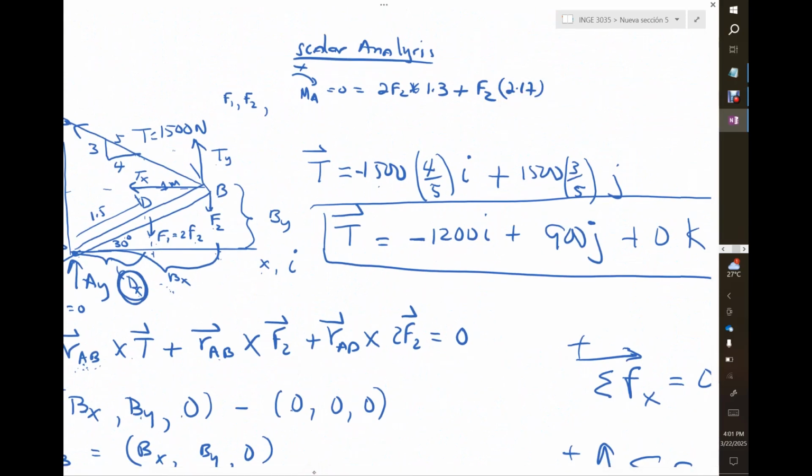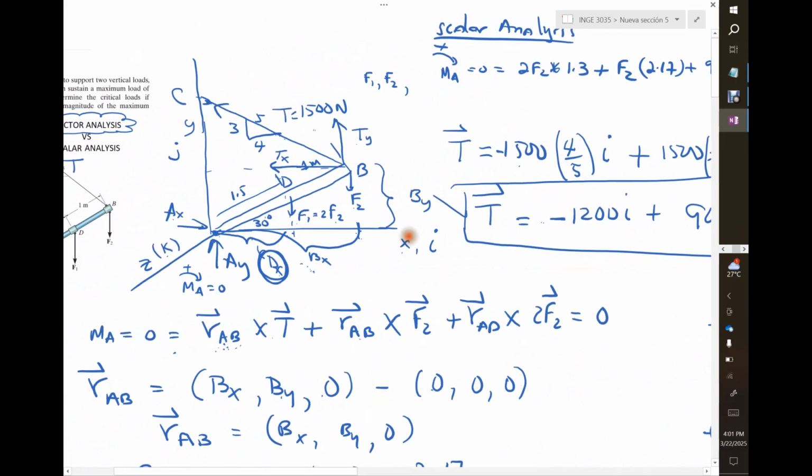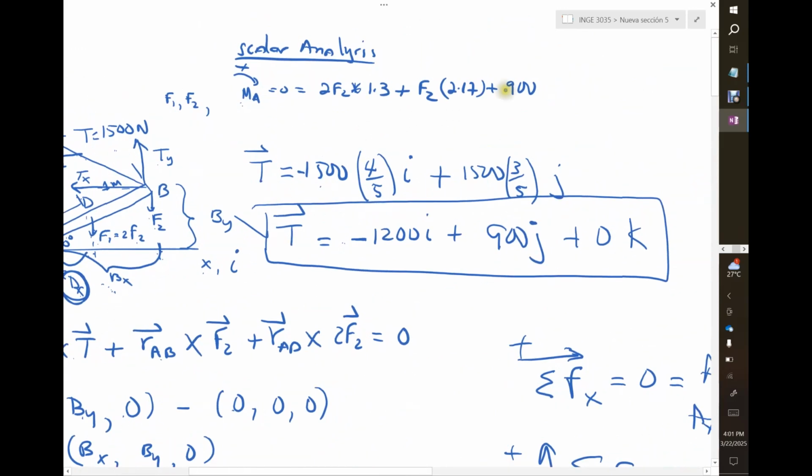And now what's going to happen with the tension? I have a tension that, if we know how to break it apart, is 900 going up, plus 1200. Those two forces are going in the positive direction, but this 900 is going up, so that means it's not positive here, it is negative 900, and then multiplied by the arm.